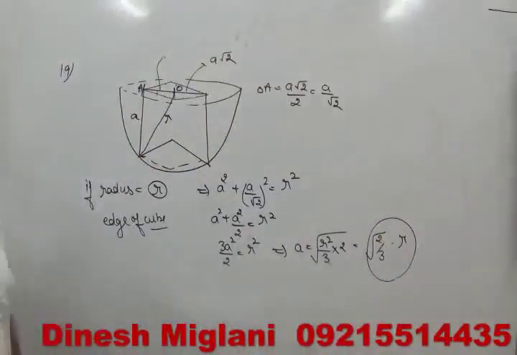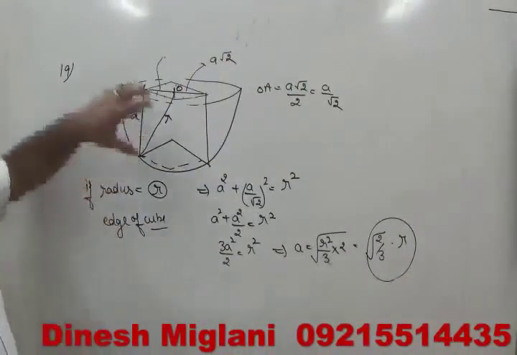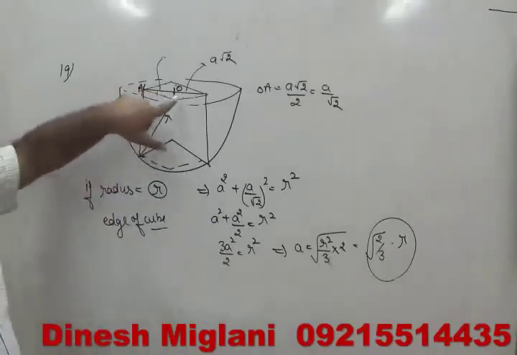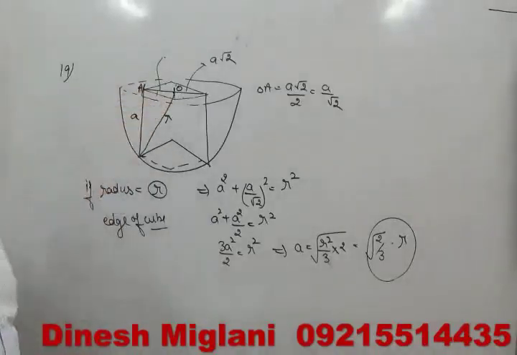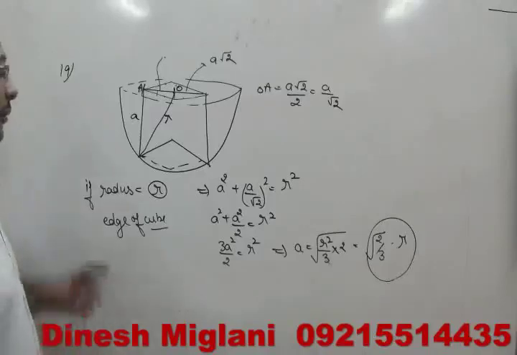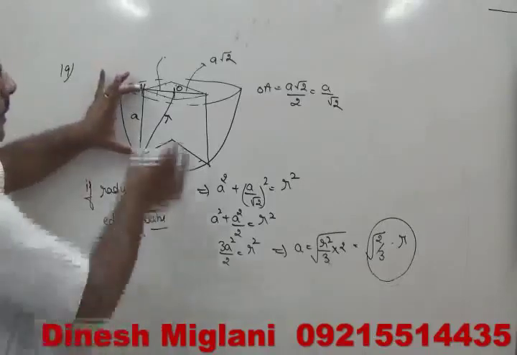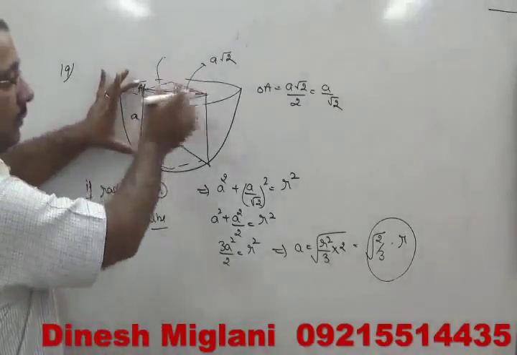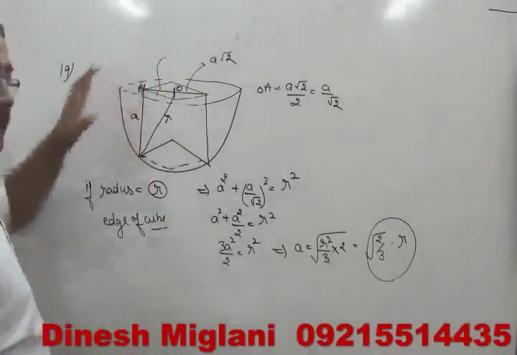Now the question is very simple to us. If a cube is inscribed in a hemisphere, the idea is that from the center, if you meet any point on the circumference of the sphere, that is the radius, right? How do we take that? That is a, that is a root 2 because that is the diagonal of a face, and that portion would be a root 2 by 2.